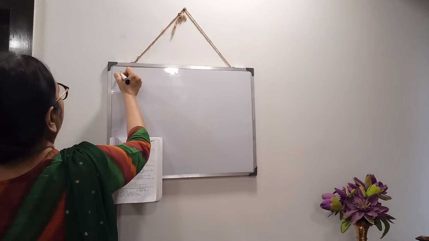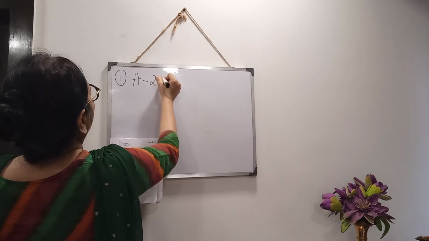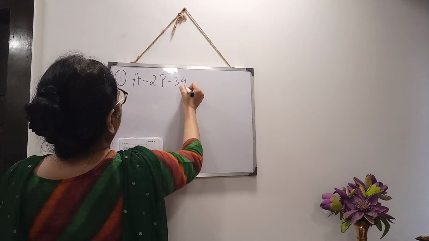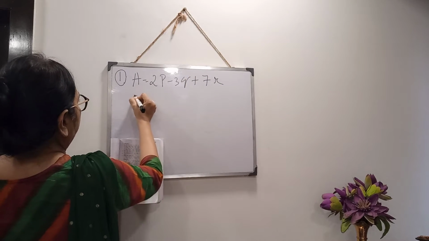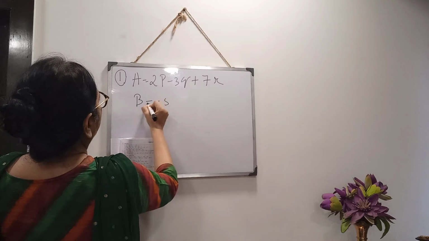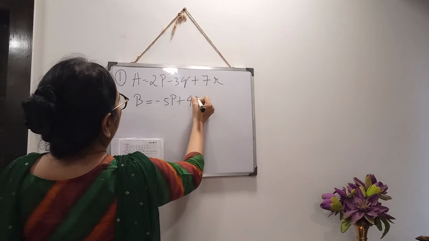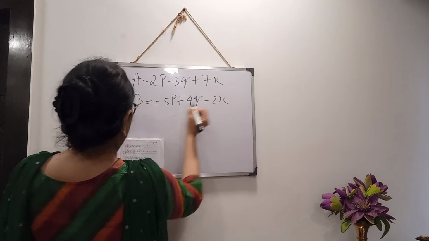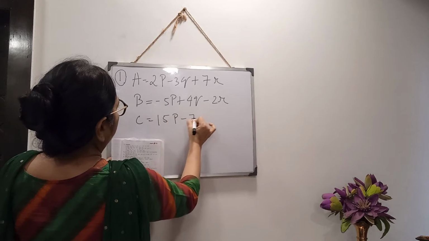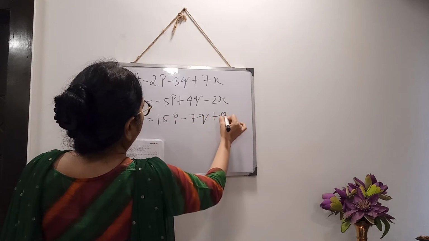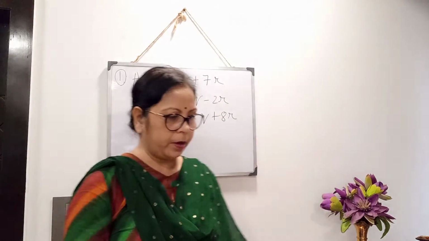A is given as 2p minus 3q plus 7r, B is minus 5p plus 4q minus 2r, C is 15p minus 7q plus 8r. Then calculate the value of A plus B plus C.